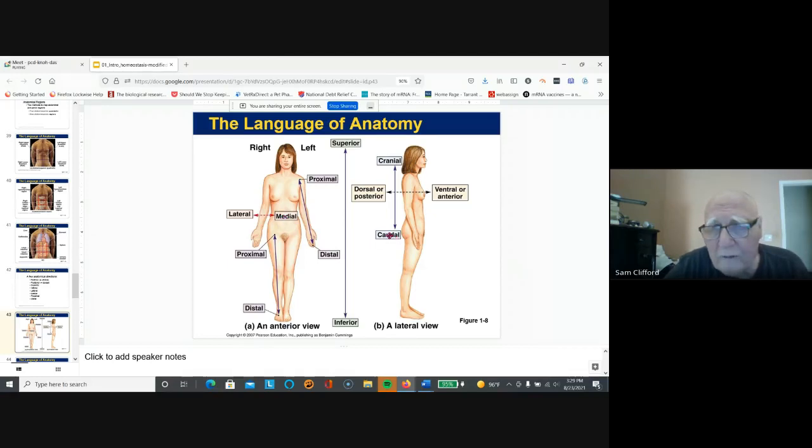Caudal is the rear, cranial is the skull region. So you should be familiar and learn these terms. It's just a matter of understanding. So suppose you got cut on your back, that would be a dorsal wound. You could say it's dorsal cranial if it's close to the skull.